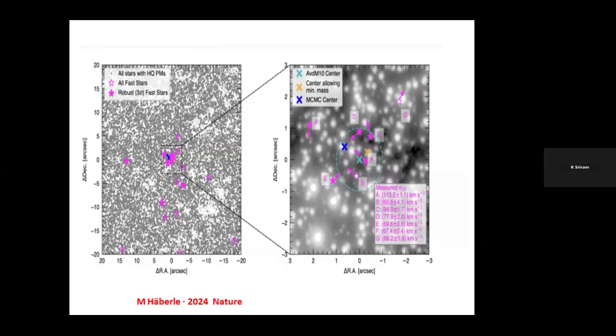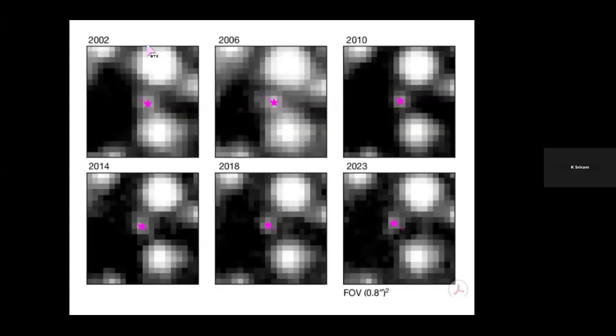So they studied the stars very close to the cluster center. This is the Hubble Space Telescope data from 2002 to 2023. This is the black hole.